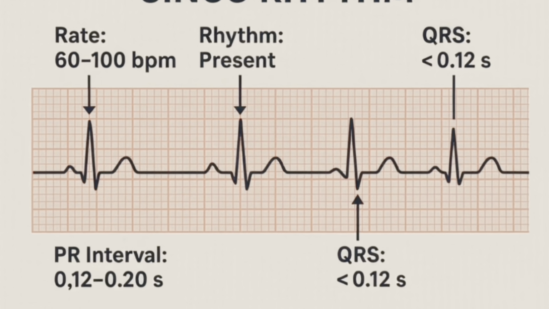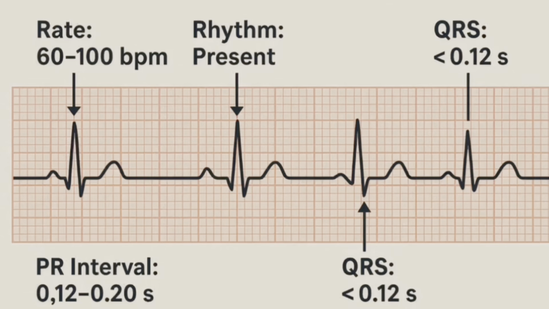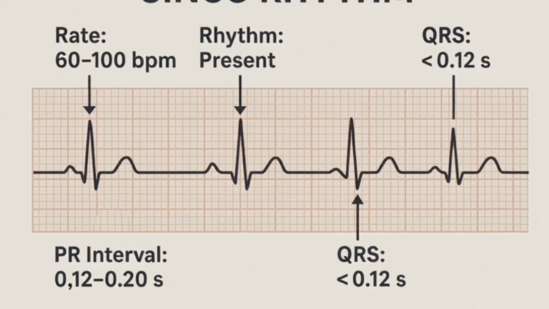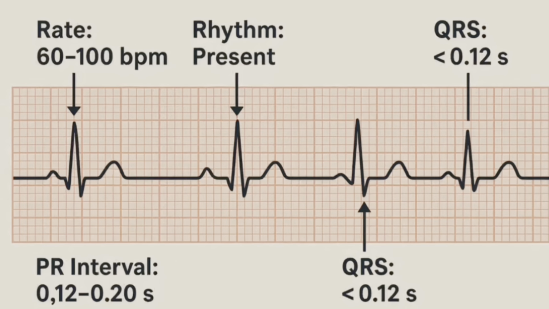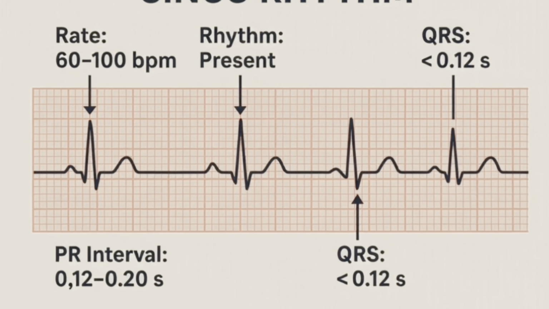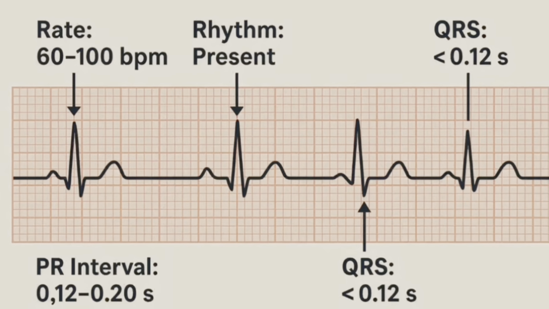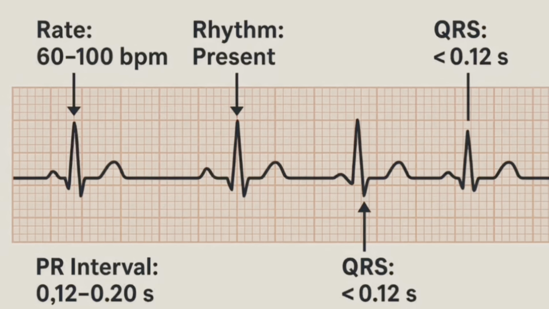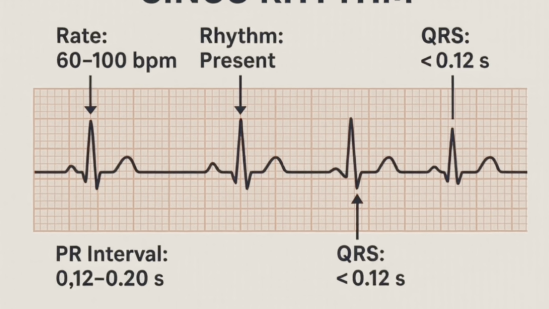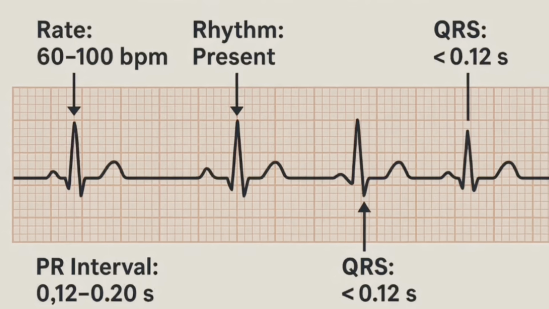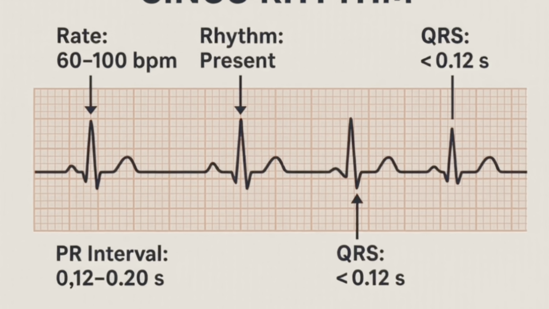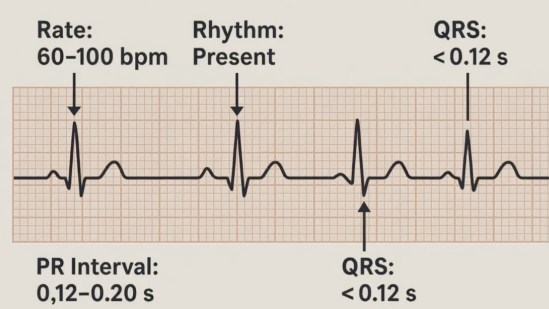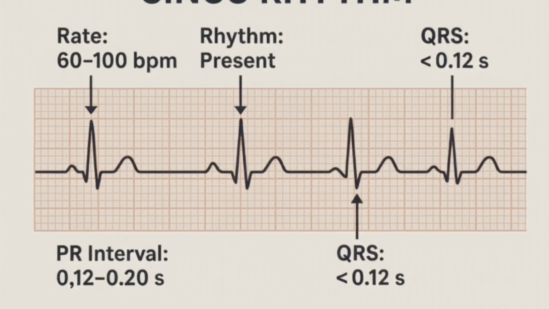Then you have your PR interval, which is 0.12 to 0.20 seconds, or 3 to 5 small boxes. And then your QRS is within 0.12 seconds or 3 small boxes. Your heart rate is between 60 and 100. Then your rhythm is a normal sinus rhythm.